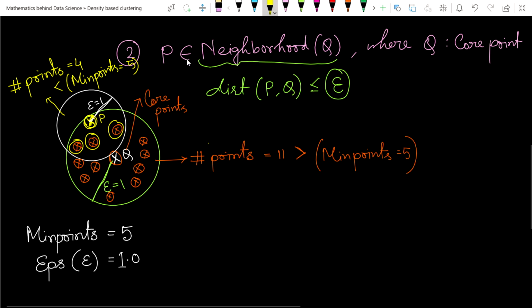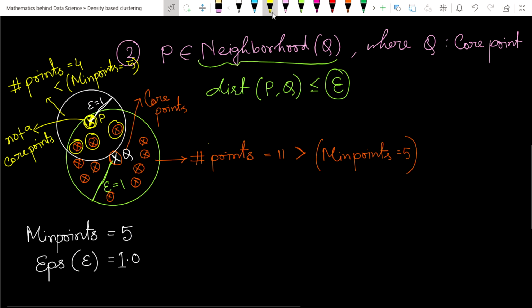Since the number of points in this white region is less than the minimum points, it is not a core point. I think you have got the idea.